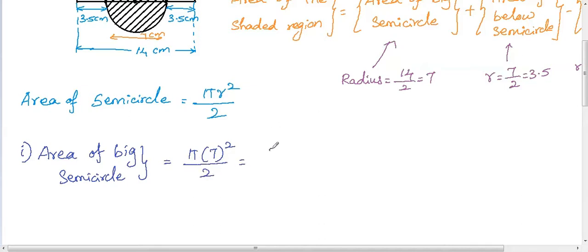The pi value is 22 by 7, so 22 by 7 into 49 by 2. If we simplify this, we will get 77 centimeter square.